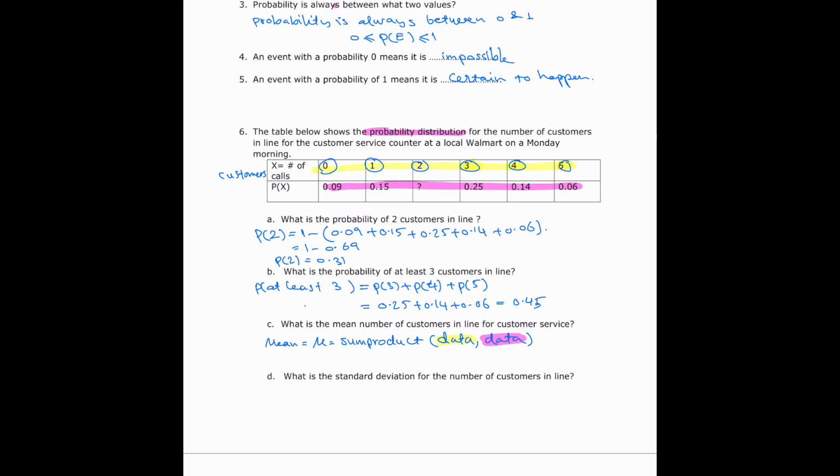If you want to do it manually, you're going to multiply x with the probability of that x that corresponds to it, and then you're going to add everything together. So you're going to multiply and then add.